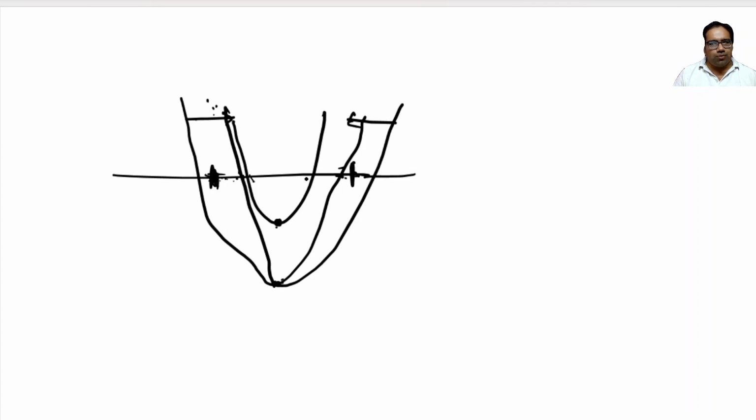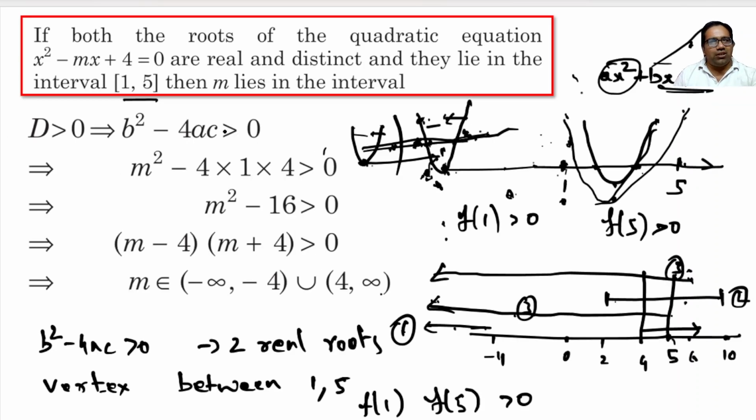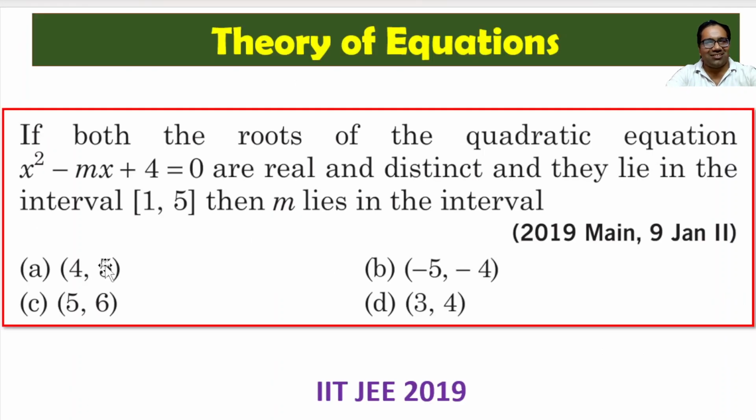That means the two roots are between these 2 points. It's very logical. We need a good understanding of the location of roots for solving these kinds of problems. Hope it is clear. Thank you, guys. The correct answer is 4 to 5.